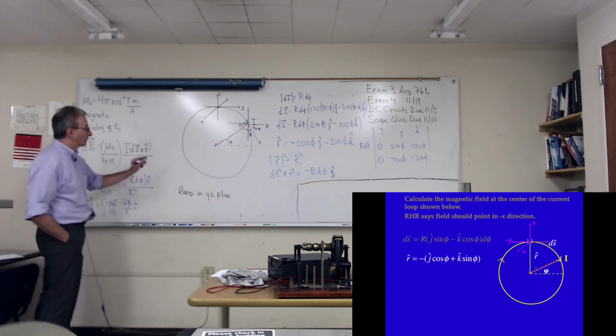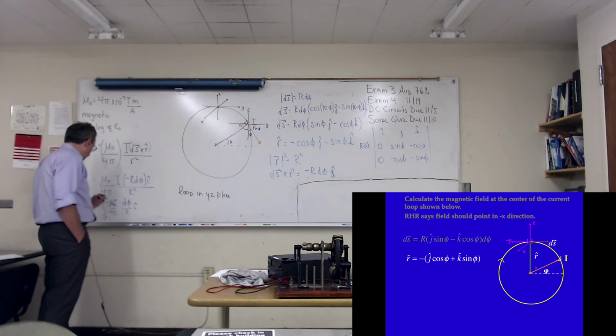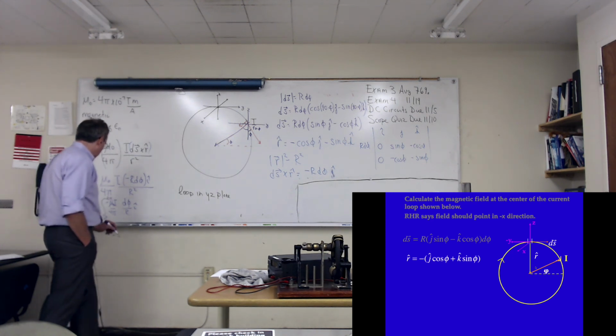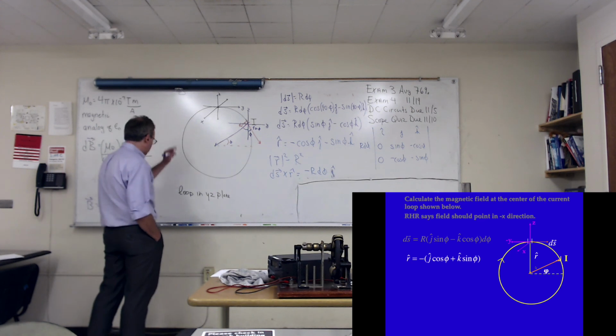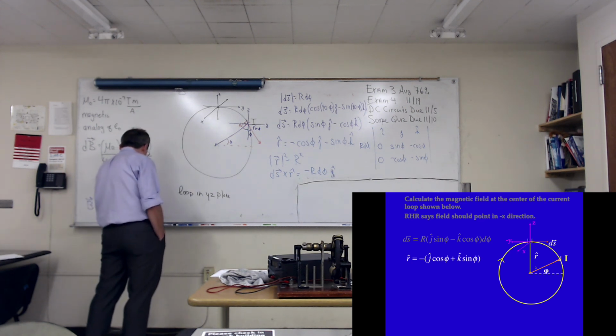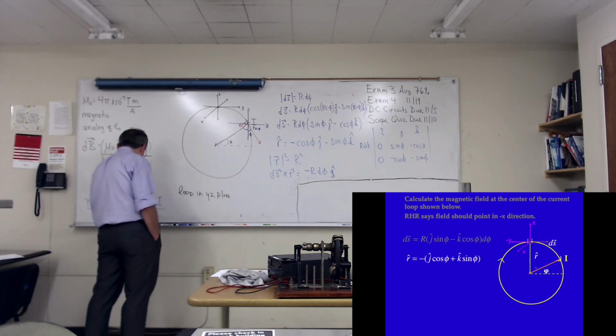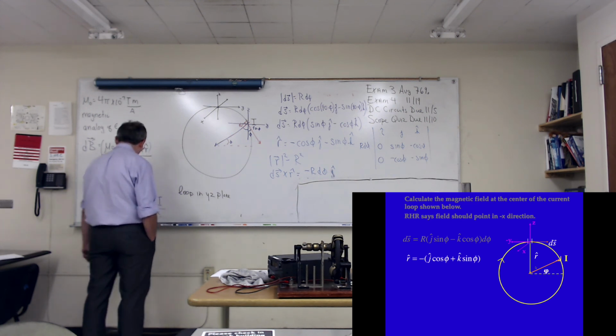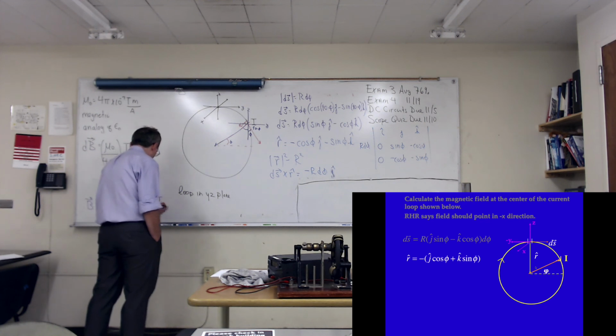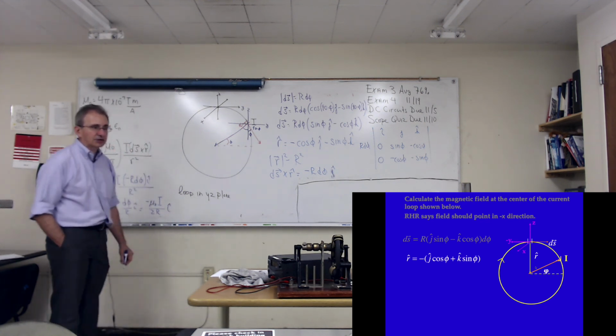I've got to go all the way around the circle, so I go from 0 to 2 pi. So when I integrate this all the way around the circle, I'm going to get mu naught I over 2r in the minus i hat direction, and I'm done.